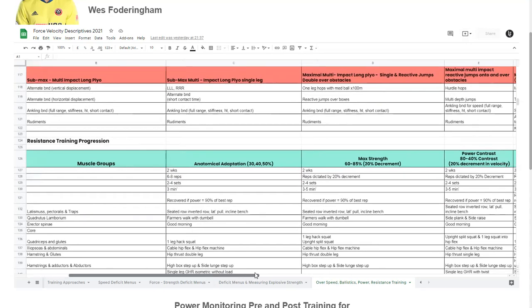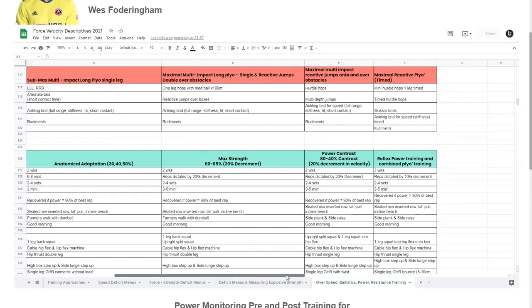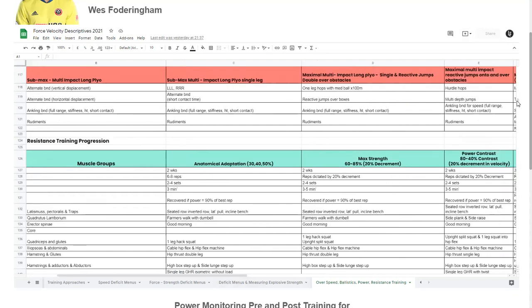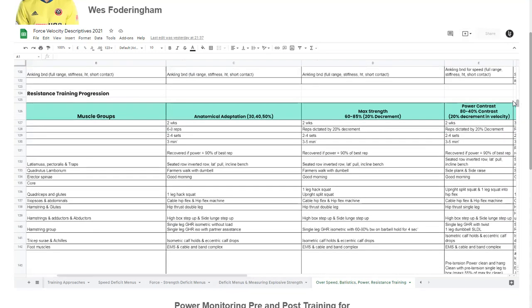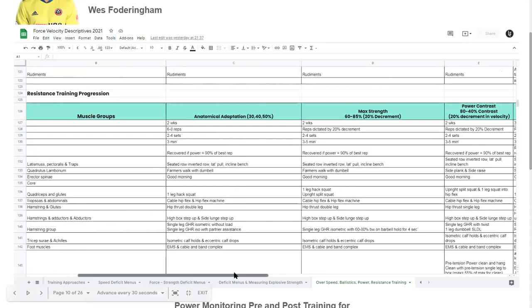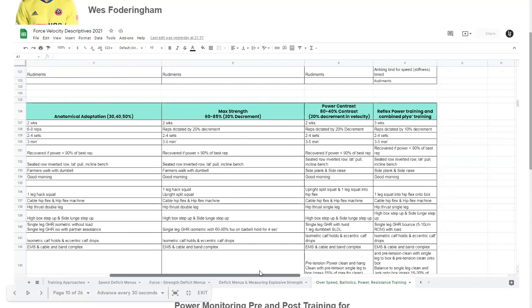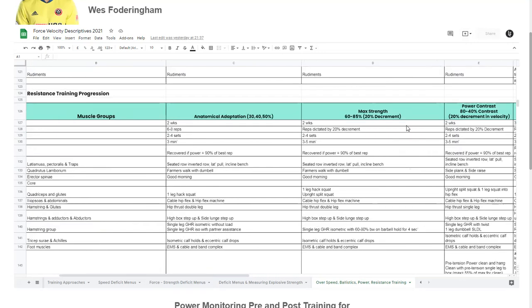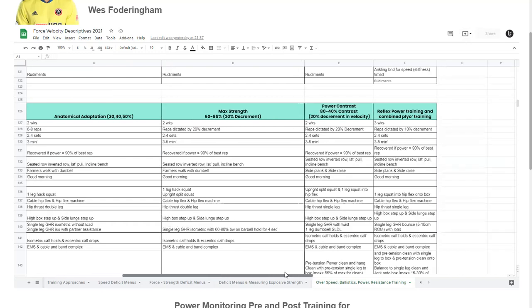If I just go along, got some hurdle hops in here as well. And then this guide here is just, we've got the muscle groups here, we've got the anatomical adaptation. And then, yeah, a bit of contrast stuff, reflex training, max strength. And these are all just guidance about how this stuff works.